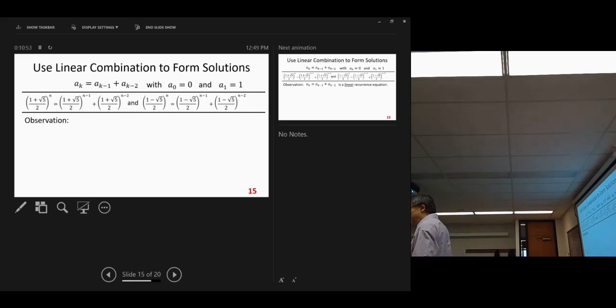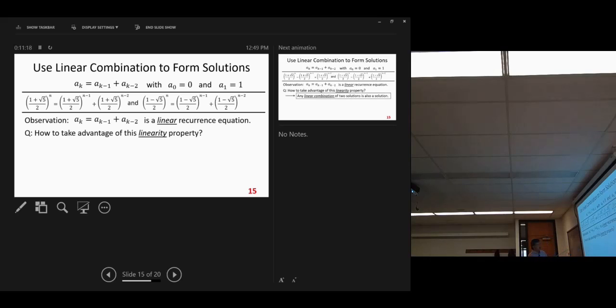Linear is the property. Linearity will be very useful here. How do we take advantage of this linearity property?